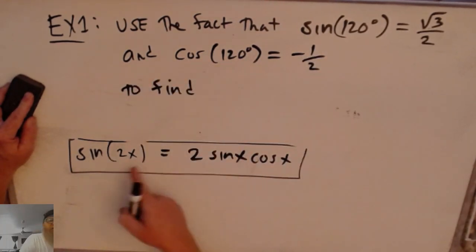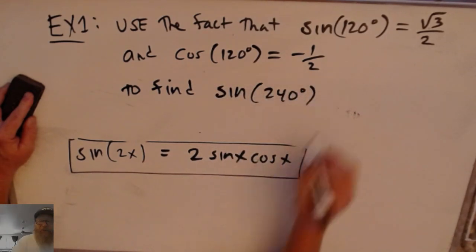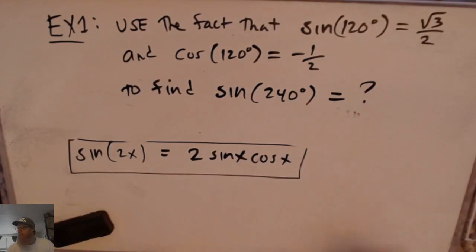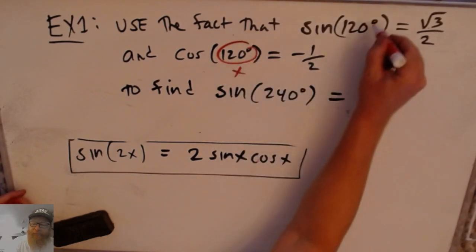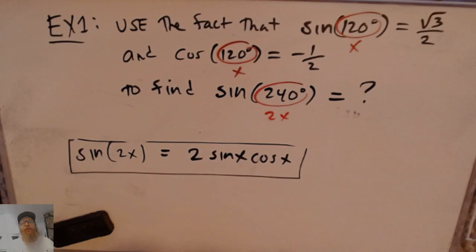I want you to use this double angle formula to find the sine of 240 degrees. So this is our x. This is our x. And this is our 2x, our double formula.